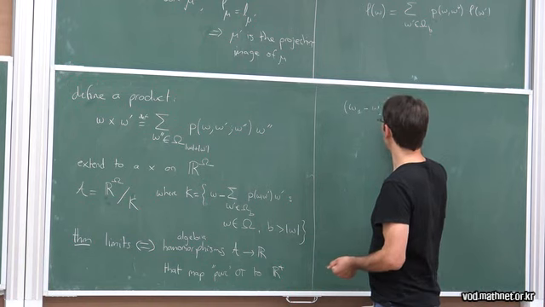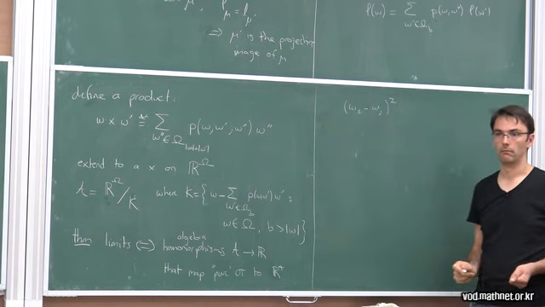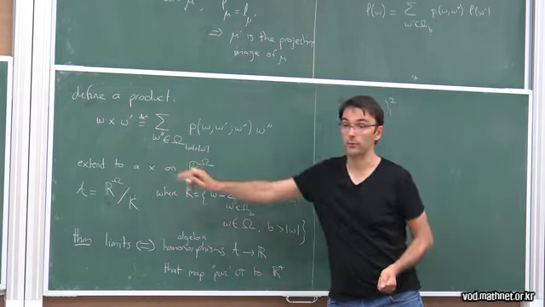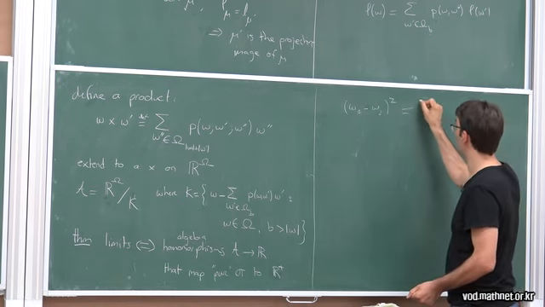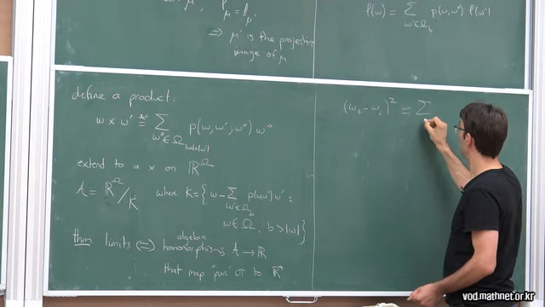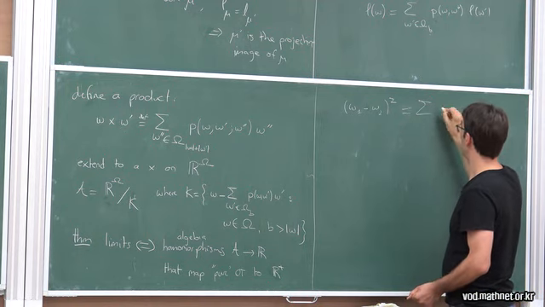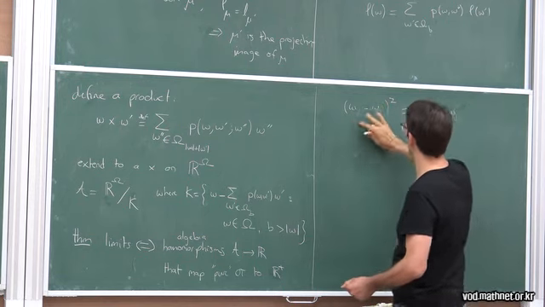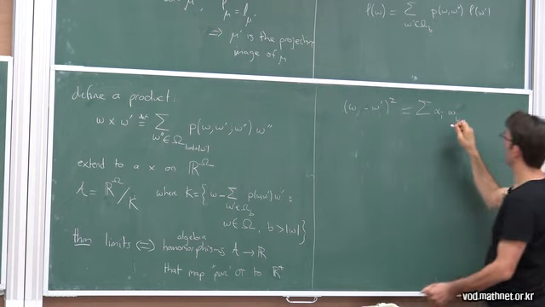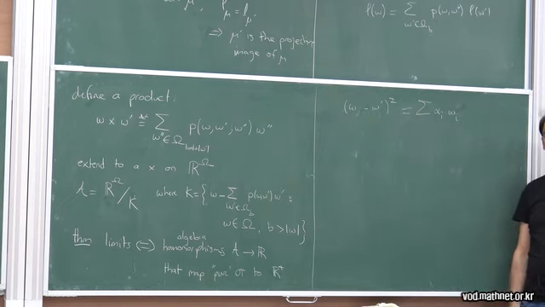I raise it to the square, in the sense of that product. This will be written as a sum of alpha i omega i, where I call these omega and omega prime. It will be written in this form.